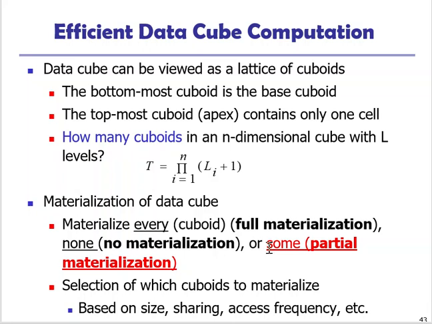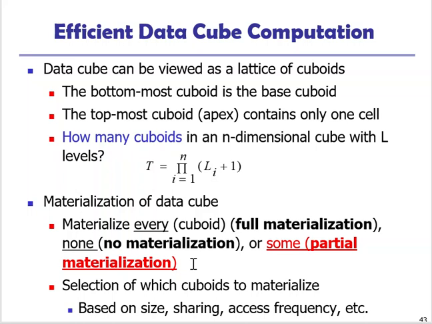So the vast majority of data cubes and data warehouses implement partial materialization. So some of the cuboids are materialized. Some parts of certain cuboids could be materialized to support queries. Chapter 5 covers a number of different strategies to support partial materialization, in terms of what portion of which cuboids are materialized to efficiently support computation.